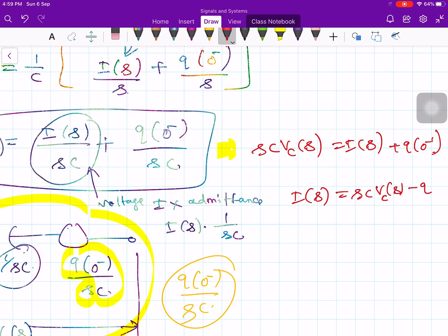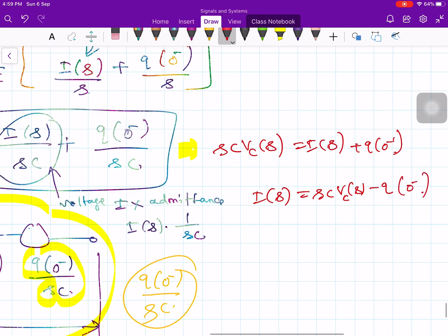You can put the same thing in the parallel form also. You have a capacitor and then your current source is coming in the opposite direction because of the minus sign.